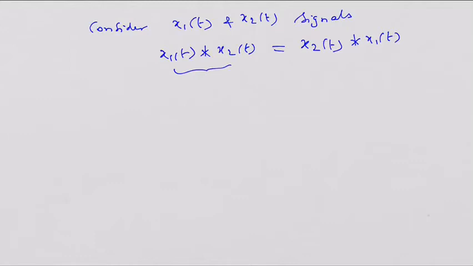Let me call this LHS and the right hand side RHS. So when you take LHS alone, you notice that x1 of t convolved with x2 of t can be represented as, how will you denote it?